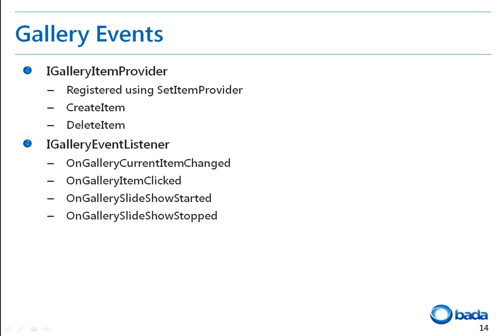The onGalleryCurrentItemChanged event notifies the application that the current item has changed. The onGalleryItemClicked event notifies the application that the item is clicked. The onGallerySlideshowStarted event notifies the application that the slideshow has started. The onGallerySlideshowStopped notifies the application that the slideshow has stopped.